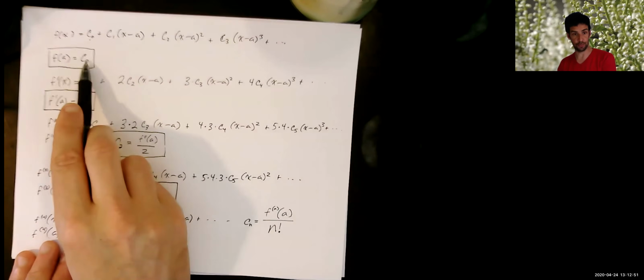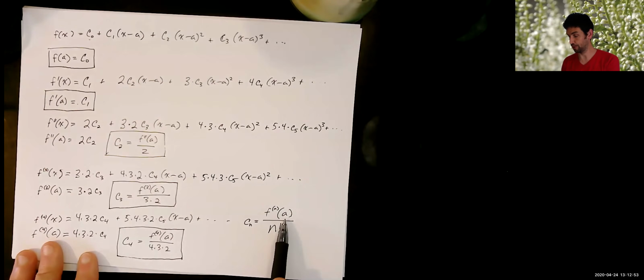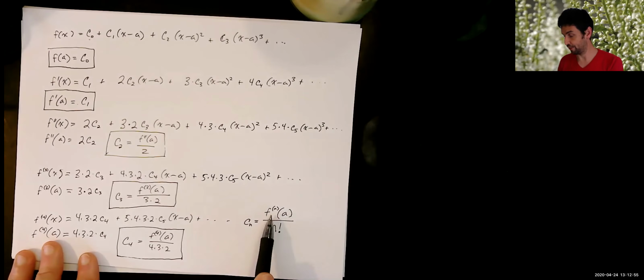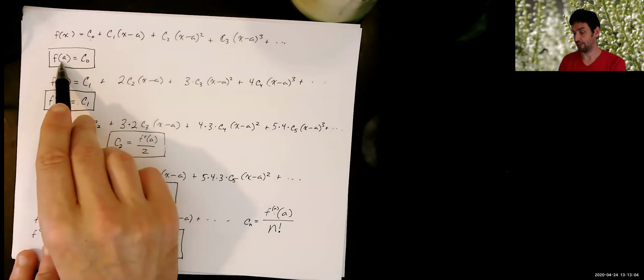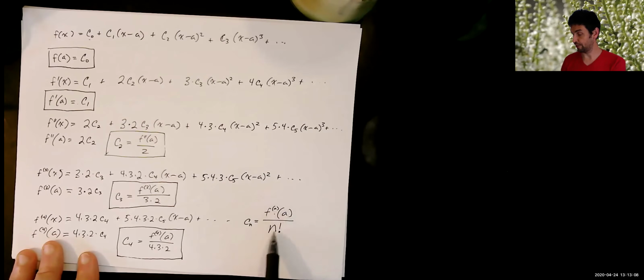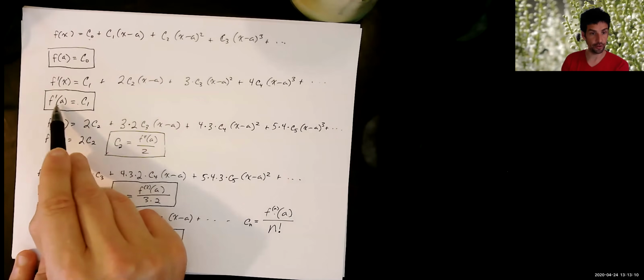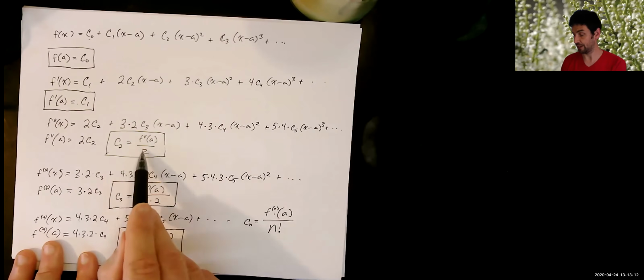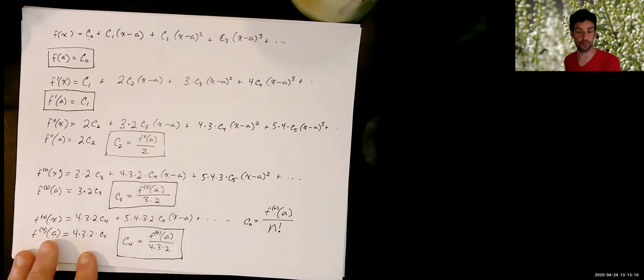That means this works perfectly even for these first terms, right? If I take the 0th derivative, that's f of a, divided by 0 factorial, that's just 1, I get f of a, which is what we have here. c1 will be the first derivative at a divided by 1 factorial. That's right what I have here. And on and on and on, right? This is 2 factorial, 3 factorial, 4 factorial.